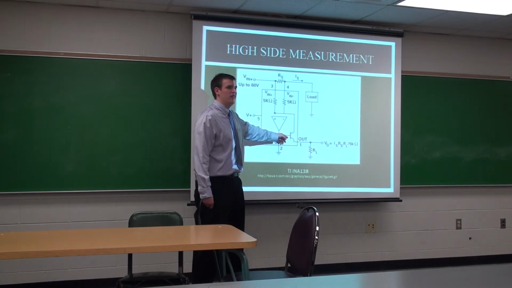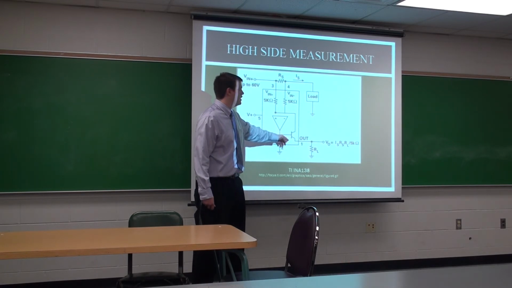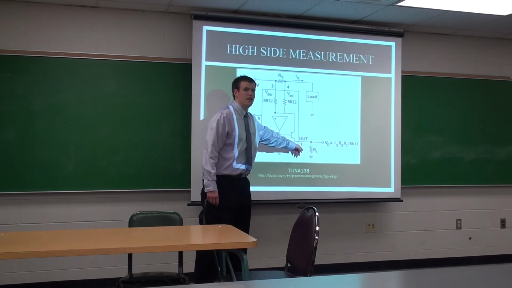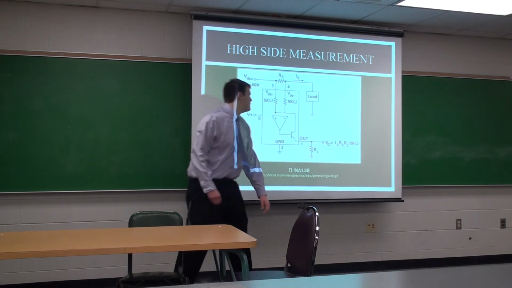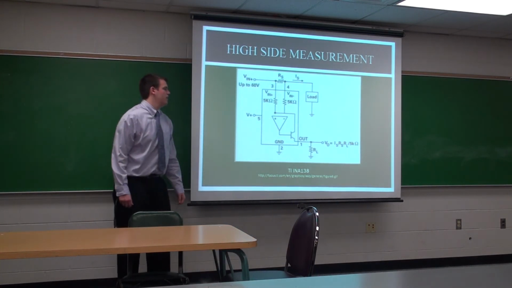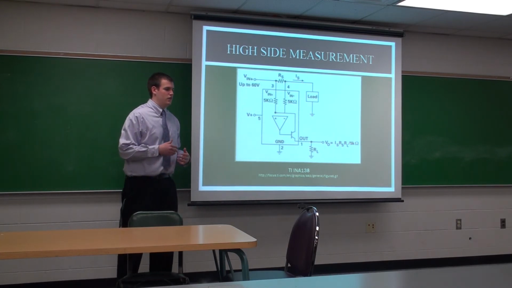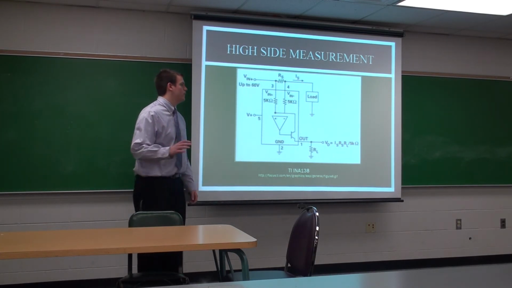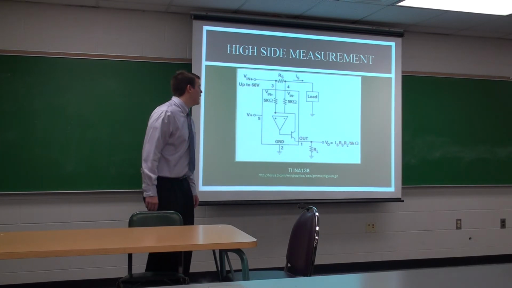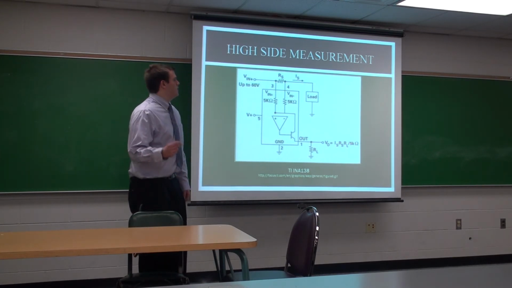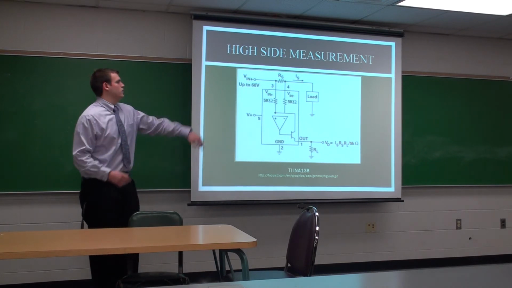This is actually a current outputting device, so you need to put an extra resistor here, and it will give you a signal based on that current. And then from there, you can either process it with a microcontroller or even just pump it into a comparator. So you can use it to control a switch or whatever to control current to the load.